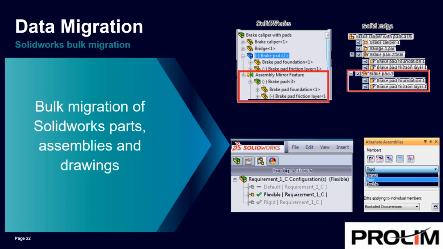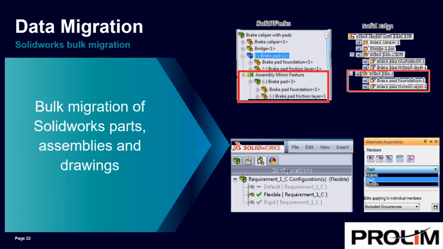Whereas what SolidWorks calls a configuration is what Solid Edge would refer to as an alternate assembly. So they were just different positions of an assembly environment. So Solid Edge has the ability to understand that, even though Solid Edge has something else called configurations, it knows and translates it into an alternate assembly, where it maintains all of those SolidWorks configurations as alternate assembly options.